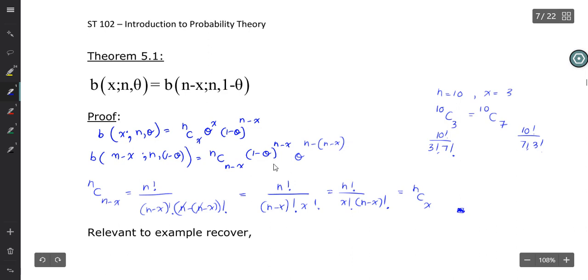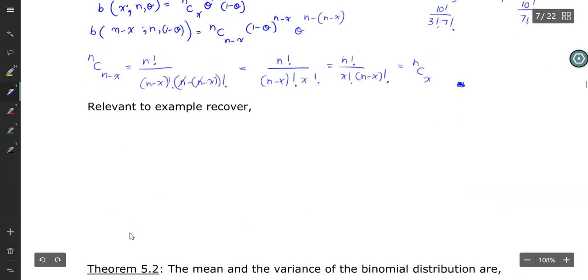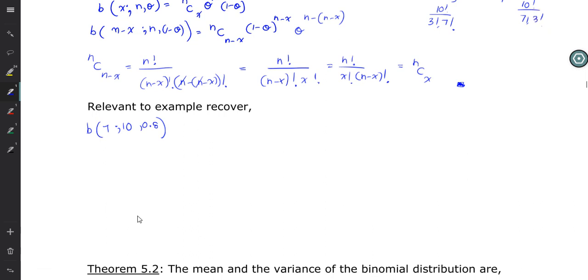Which means b(x; n, theta) is the same as b(n minus x; n, 1 minus theta). So if you want to find the binomial probability of 7 when the number of trials is 10 and the probability of success is 0.8, in your table you don't have 0.8, but you have the complement, which is 0.2.